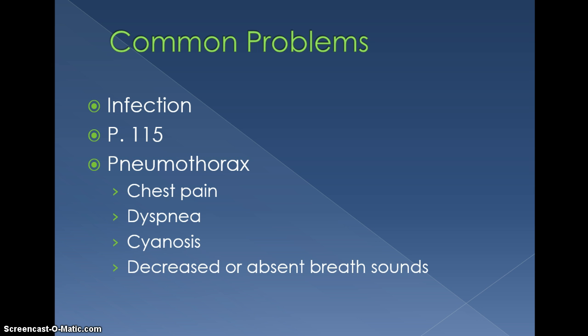They may have to do a thoracotomy and put a chest tube in if the pneumothorax is severe enough to cause signs and symptoms like chest pain, dyspnea, cyanosis, decreased or absent breath sounds. Those are all ding ding ding warning signs, especially if the person's just had a central venous access device placed. So you have to be aware of those.